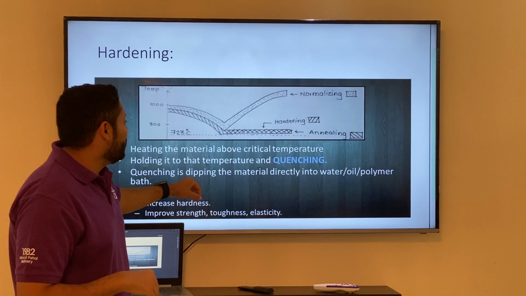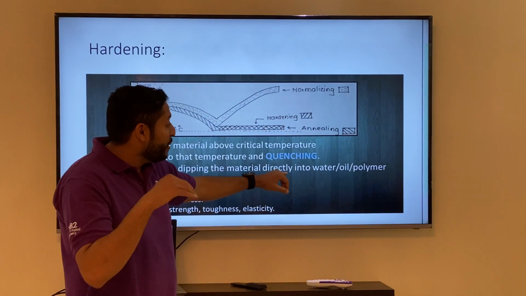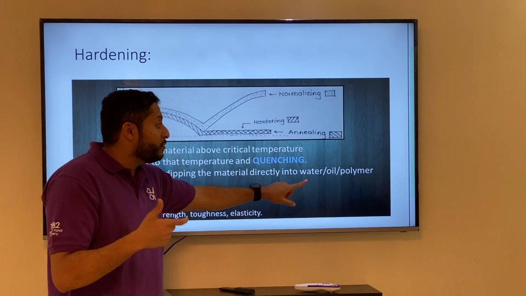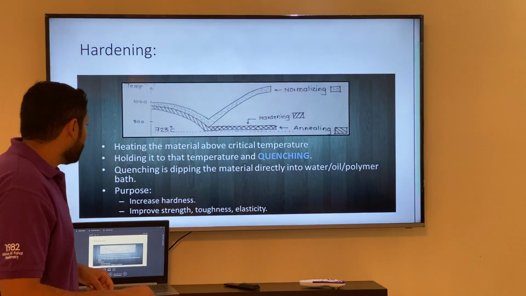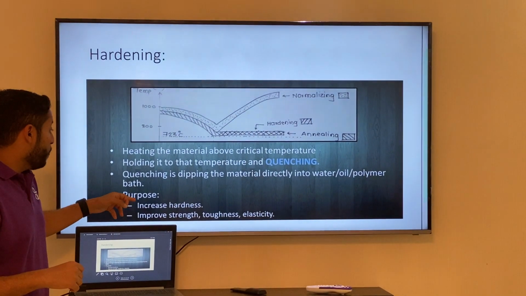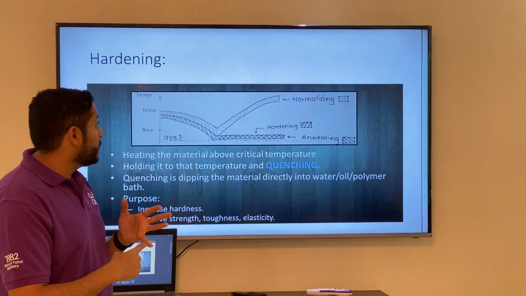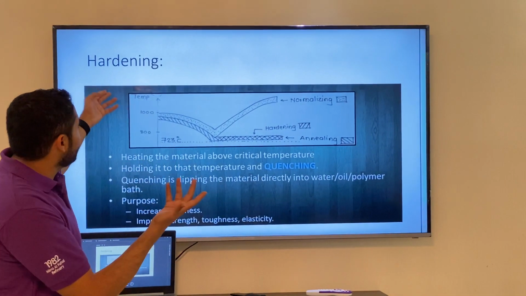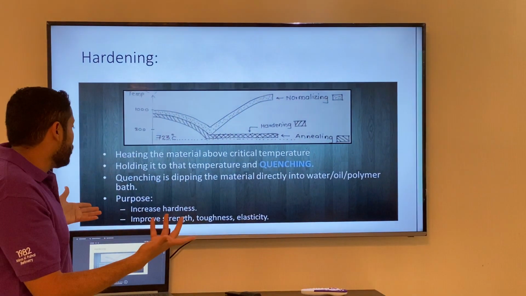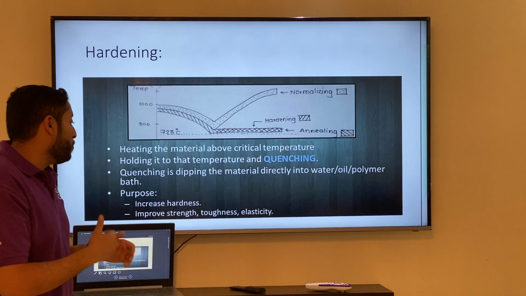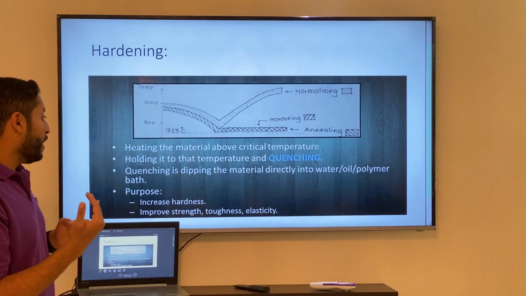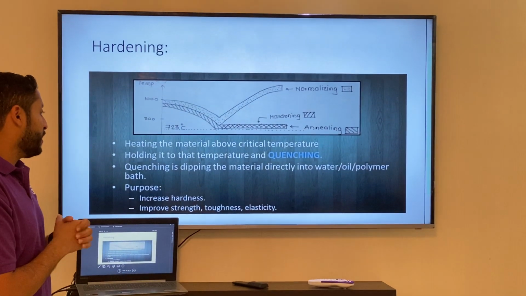The material is dipped directly into water, oil, or polymer. The purpose is to increase the hardness. As already mentioned, hardening increases hardness and improves strength, toughness, and elasticity.